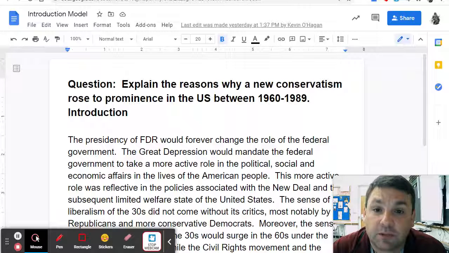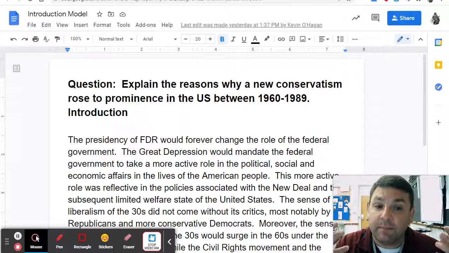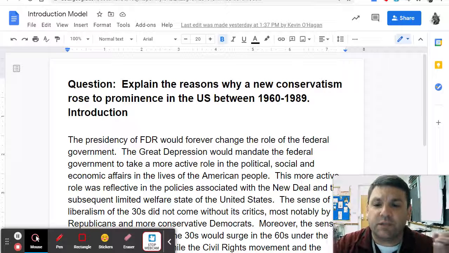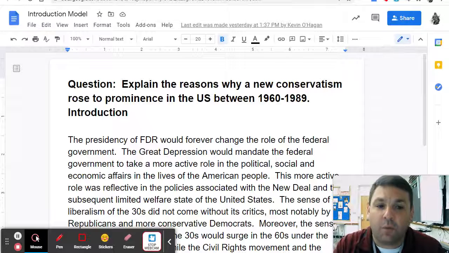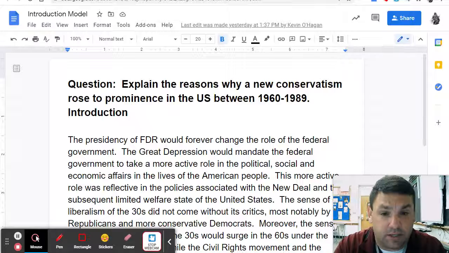The prompt is asking us why there was this rise of conservatism, so we're looking back on reasons for this rise. What was happening before this rise of conservatism that would influence conservatism? So we're really looking back on the liberalism of the 1930s through the Johnson administration.